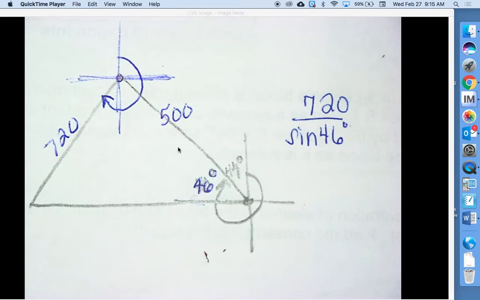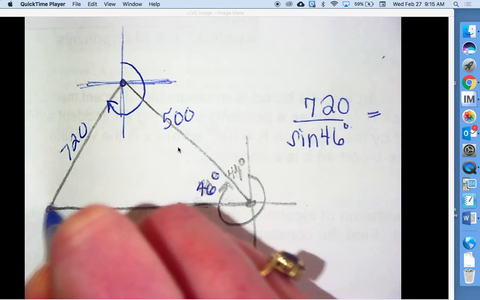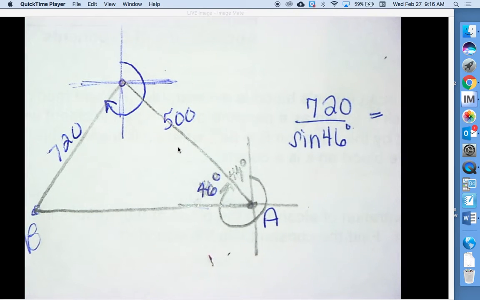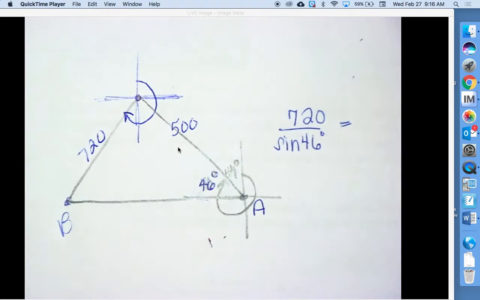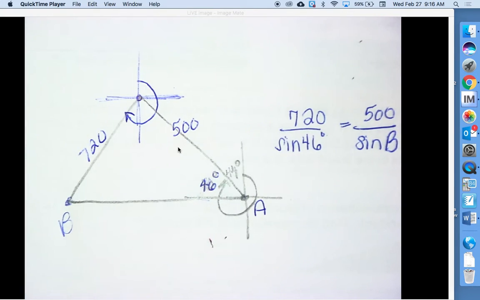You can find angle B. Yeah, so he's called this B over here, and he called this A. So we can find angle B because we have the opposite side of 500. So we would take 500 and divide it by the sine of B. And we need to find that angle so that we can then find the angle on the upper part of the triangle. So you have to find the other one in order to get there.